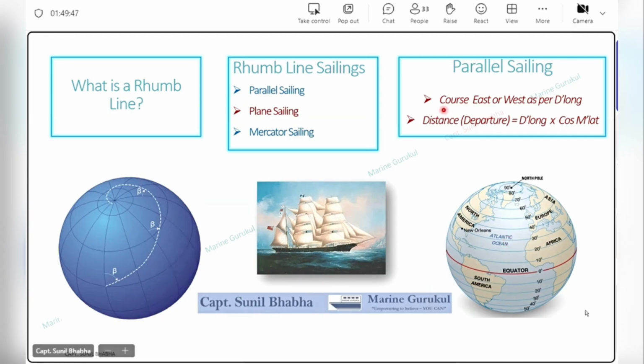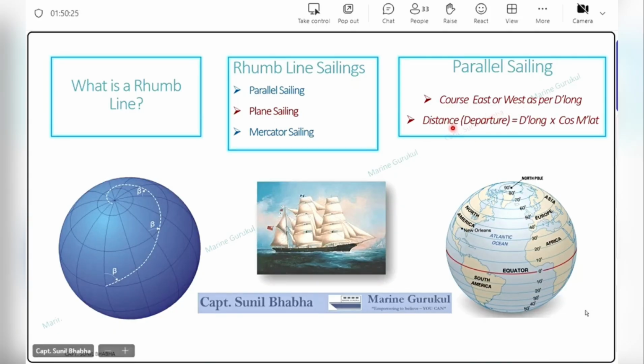So that's why in parallel sailing, the course will be east or west, and whether it is east or west depends upon the direction of the d long, or difference of longitude. When you look at the longitudes of the initial port and the final port, it immediately gives us the direction of the d long, and whatever is the direction of the d long, the same will be the course of the ship, either east 090 or west 270.